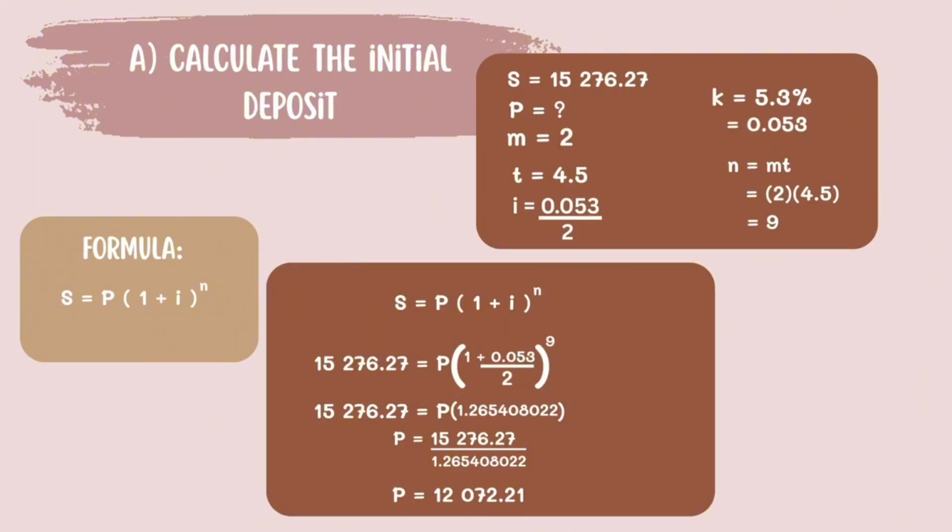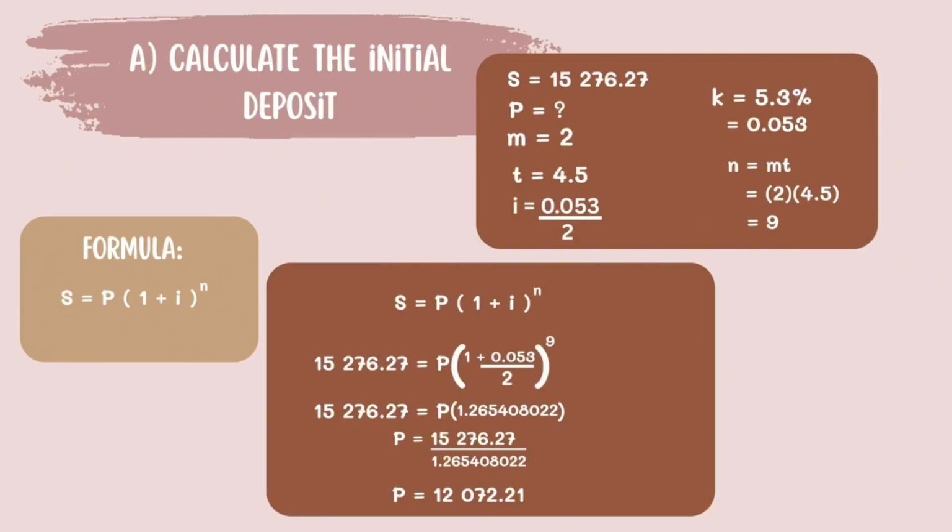Given S equals RM15,276.27, while k is 5.3%, which is 0.053, m equals 2, t equals 4.5, n equals m times t, which is 2 times 4.5 equals 9, and i is k per m, which is 0.053 per 2.